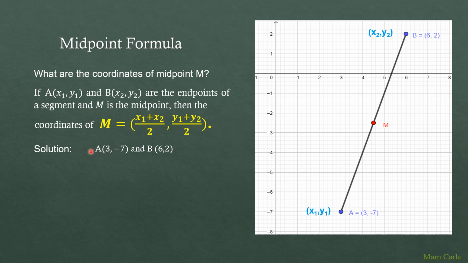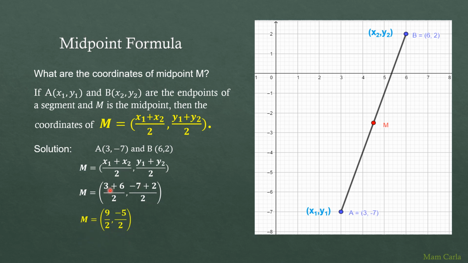For point A, x sub 1 is 3, y sub 1 is -7. For point B, x sub 2 is 6, y sub 2 is positive 2. We just substitute these values to the formula. We have 3 plus 6 over 2, and for the y, we have -7 plus 2 over 2.